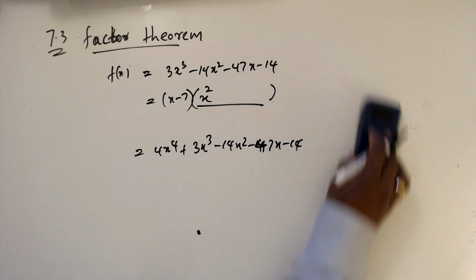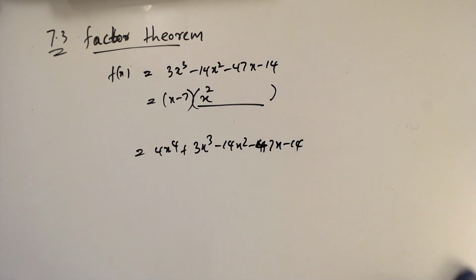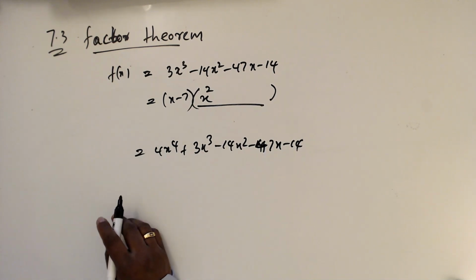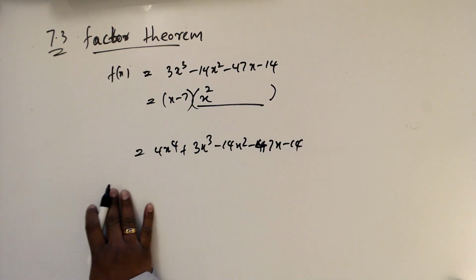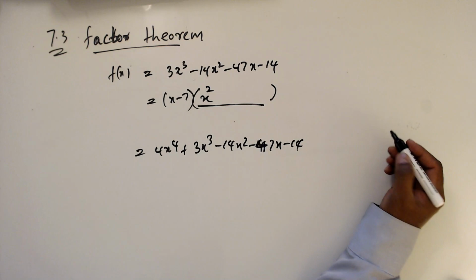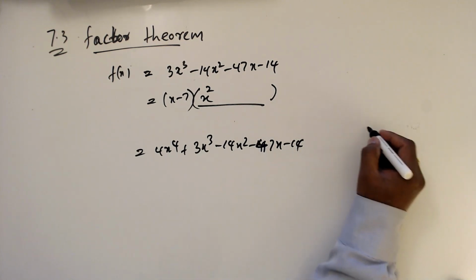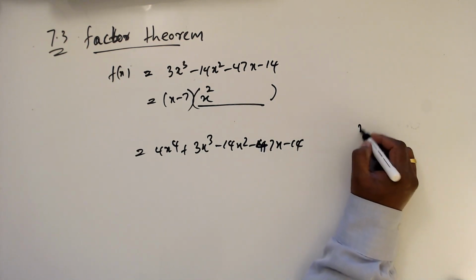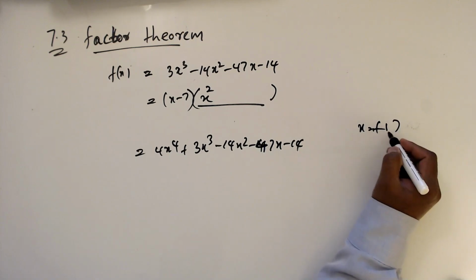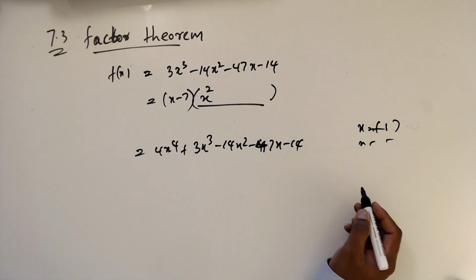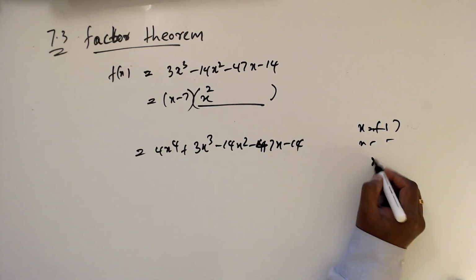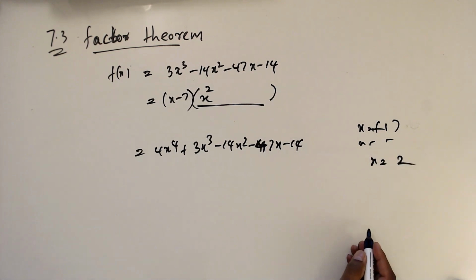Now the power is 4. You don't know how to factorize power 4, so you want to do the same stuff again. You try x equals 1 by trial and error, and assume you get x equals 2 as a factor.